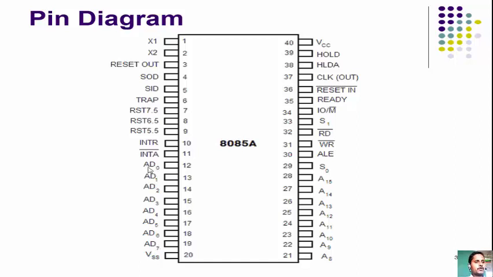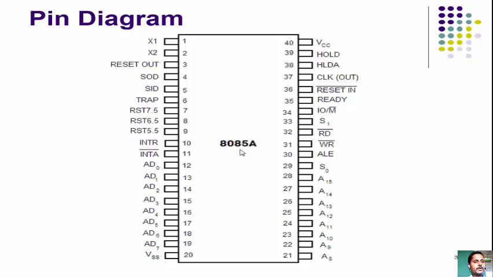That is A0 to A7 address lines are multiplexed with D0 to D7 data lines on pin number 12 to pin number 19. Pin number 20 is the VSS pin. So here you have to connect the negative terminal of the battery.